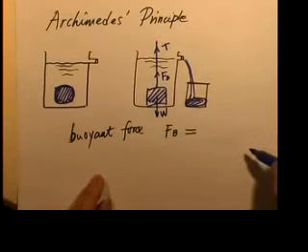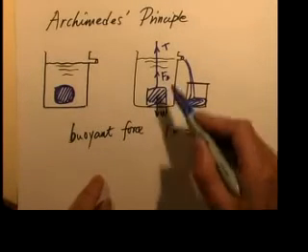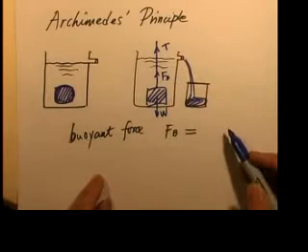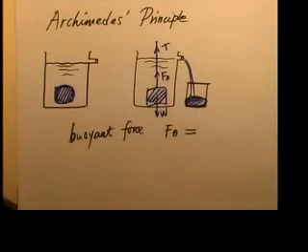And it turns out that this buoyant force, which is equal to the weight of the object in air minus the weight of the thing underwater, is actually equal to the weight of the water it displaces. This is something general, which is called the Archimedes Principle.